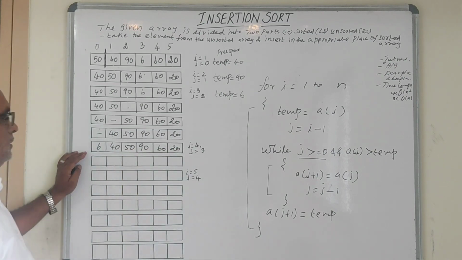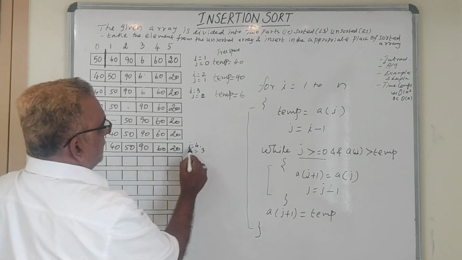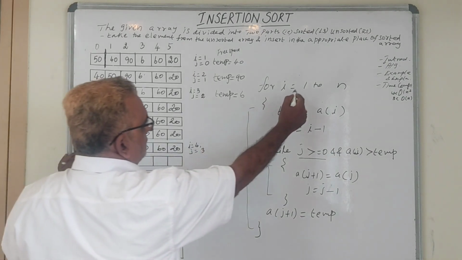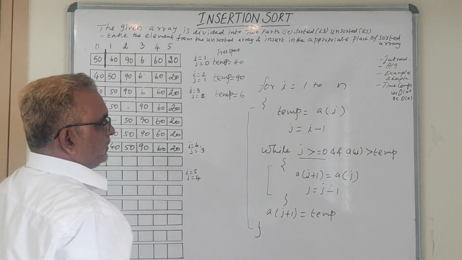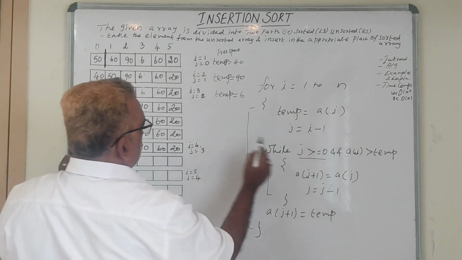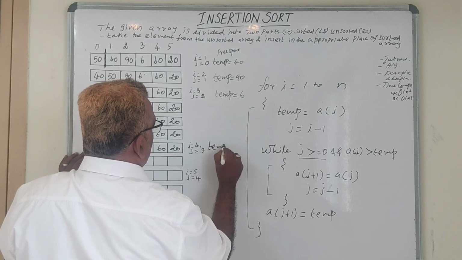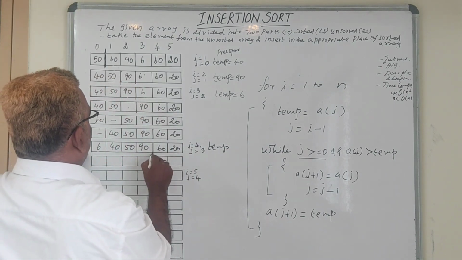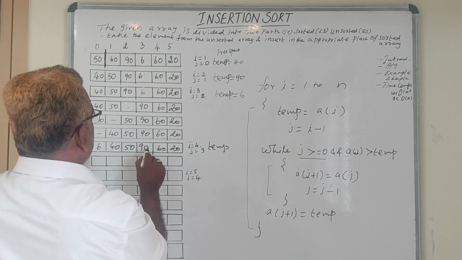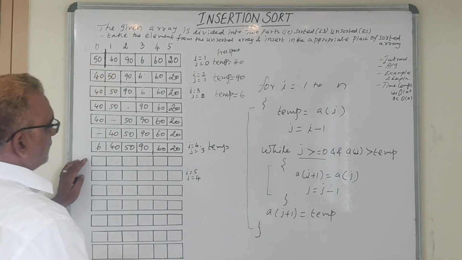Now take I value as 4. In the next iteration I takes the value 4 and j value is 3. What is the temporary value? Up to this point it is sorted, so 2 elements are yet to start.